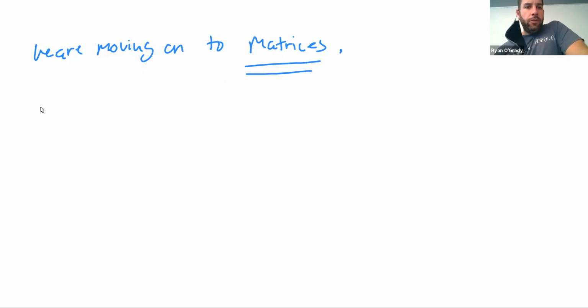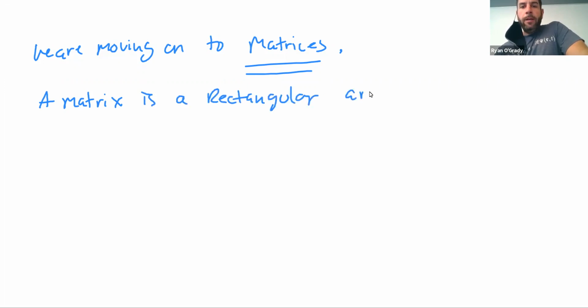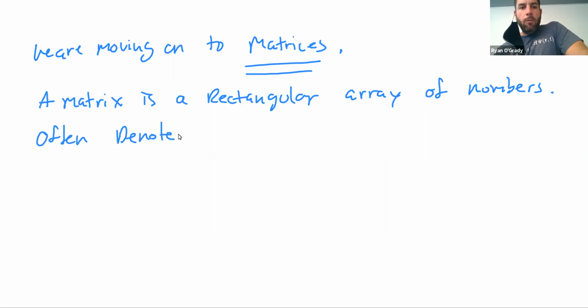So what is a matrix? A matrix is not a movie. Well, it is a movie, but a matrix is a rectangular array of numbers. So often denoted, like here's an example of one.